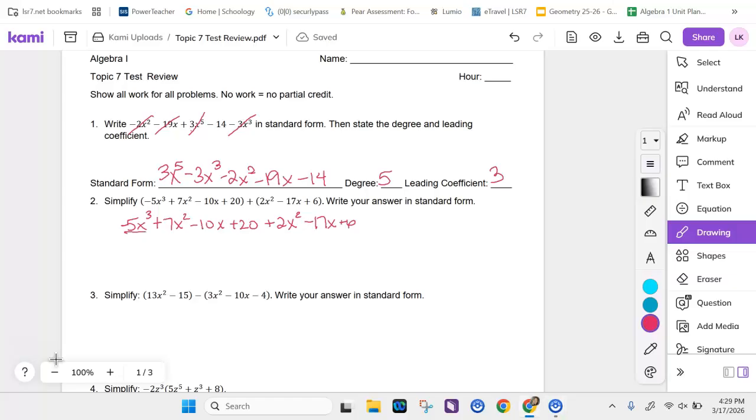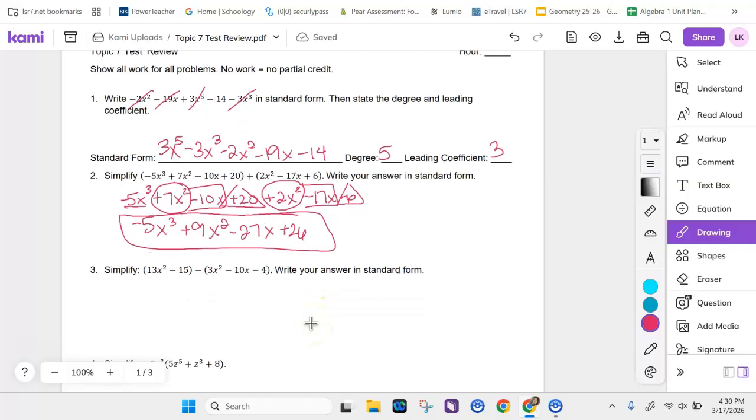I have negative 5x cubed, I have 7x squared, another x squared, I have an x, and then a constant. So I have negative 5x cubed, 7x squared plus 2x squared is plus 9x squared. Negative 10x minus 17x is negative 27x. And then 20 plus 6 is 26. So that would be your answer.